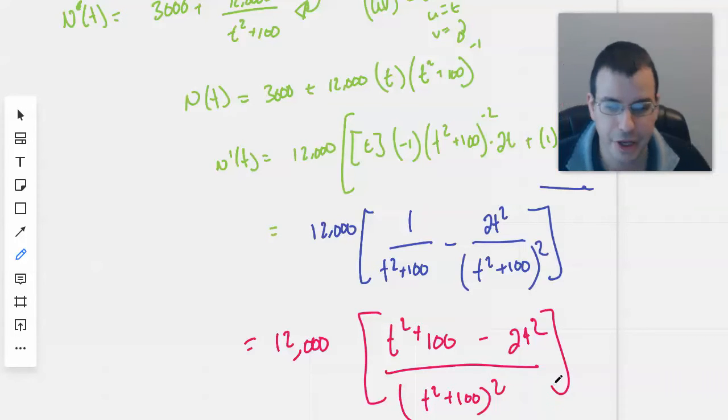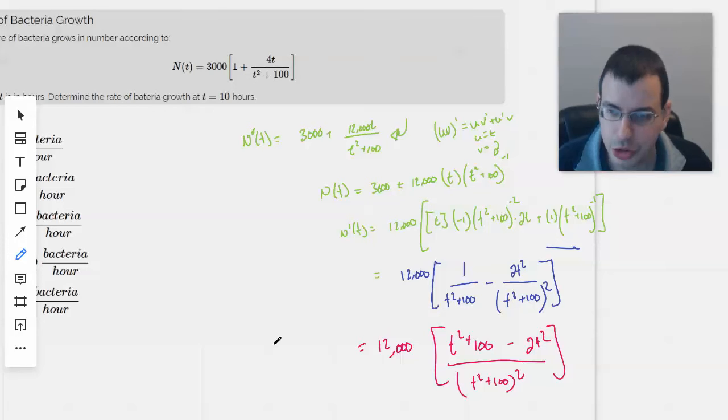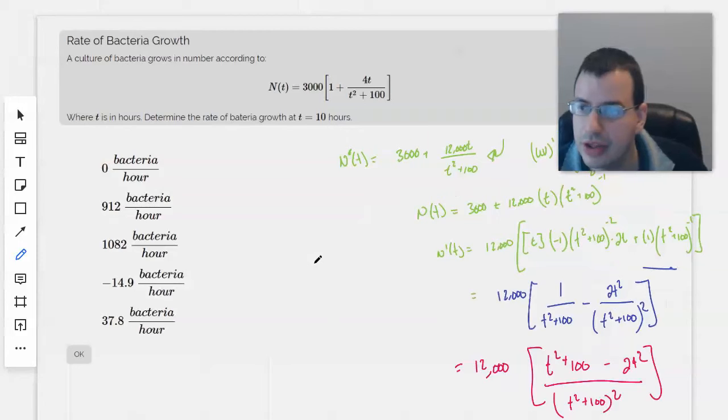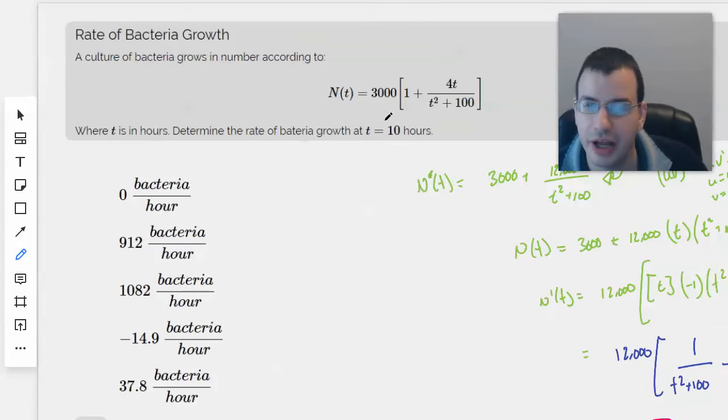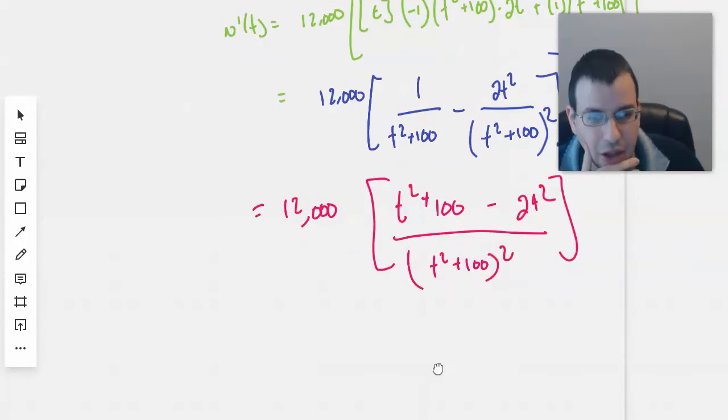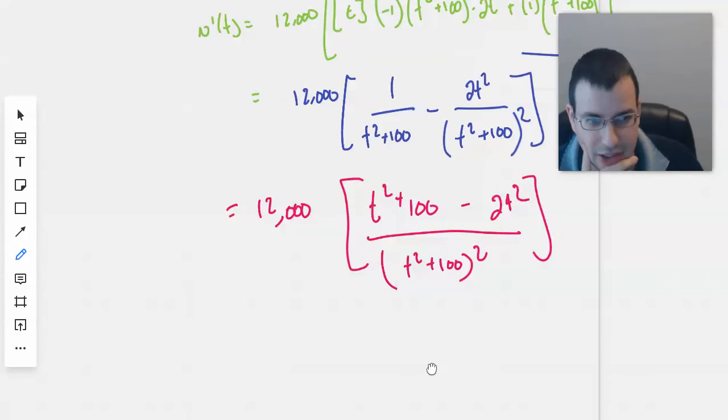Okay, now this is n prime of t, which is the rate of bacterial growth. So given this rate, this is in hours, find it for 10. So what it wants us to do is plug in 10 for the rate of growth.